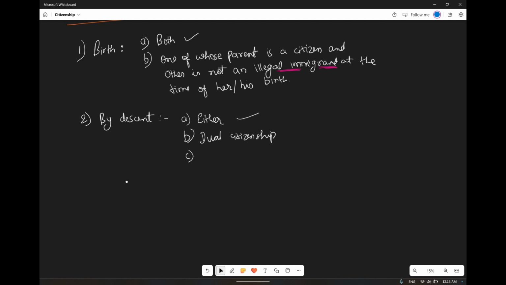So we should not hold the passport of another country at the time of taking birth. The passport of that child should not be of another country. Then only on that basis the citizenship will be provided. So first, either of the parents should be a citizen of India.